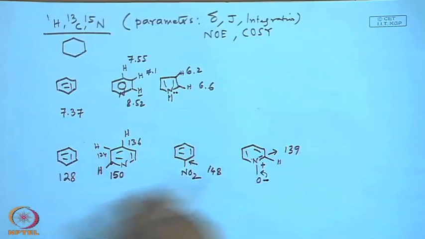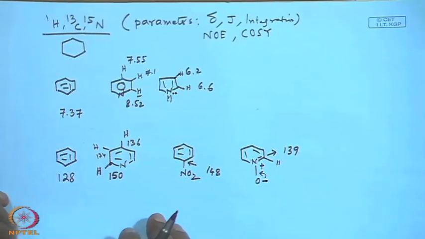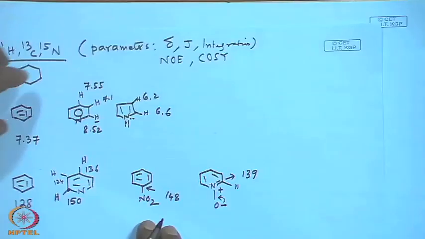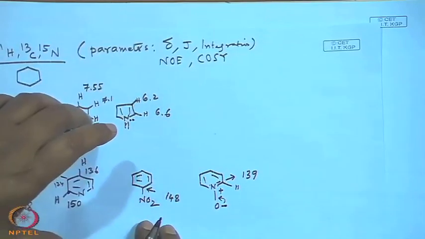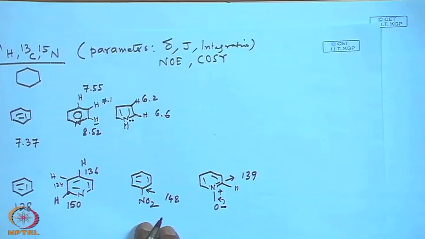So you can just extrapolate all these things without much problem. Basically, the trend in electron density or the chemical shift is important here. There are examples also that I will give you where you can go for the coupling constant.